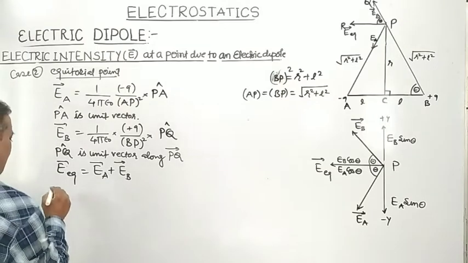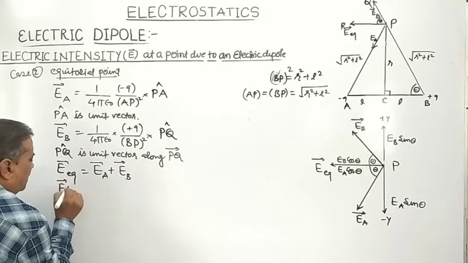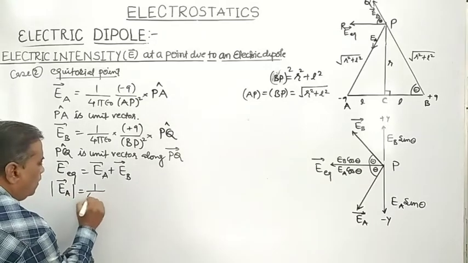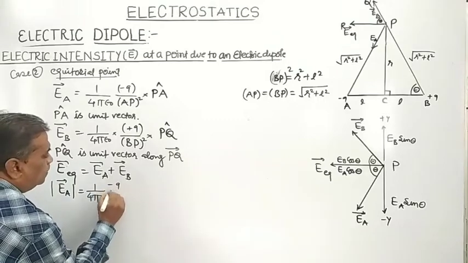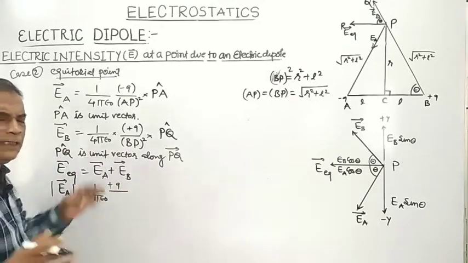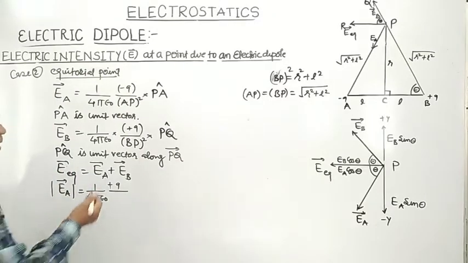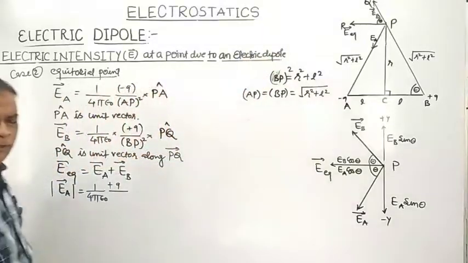So you will get magnitude of E equatorial or magnitude of EA is equal to 1 upon 4 pi epsilon 0 minus Q. When you are taking the magnitude, whether it is charge minus Q or plus Q, it becomes Q only, upon AP square. What is AP? Equal to under root of R square plus L square.